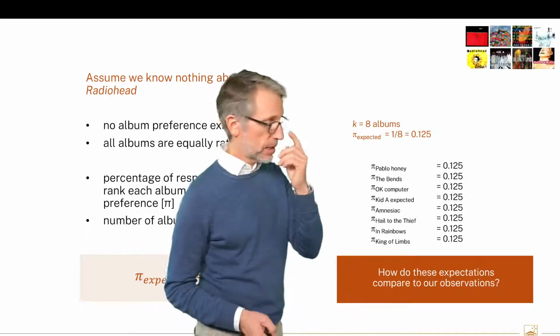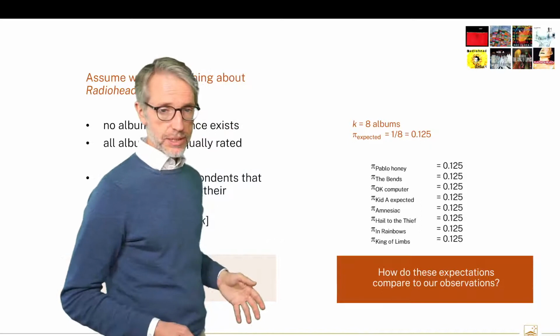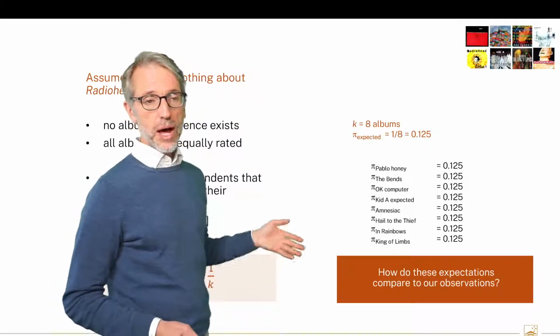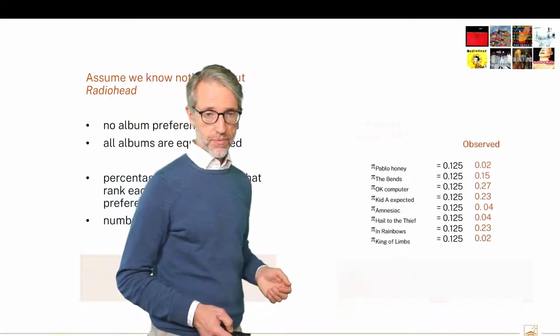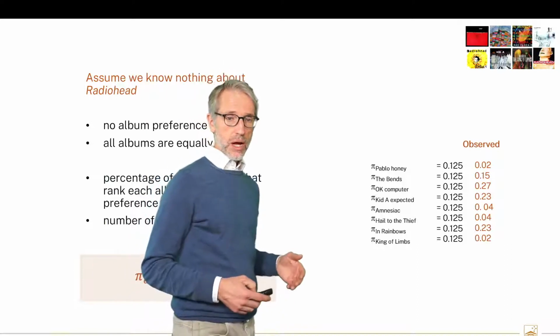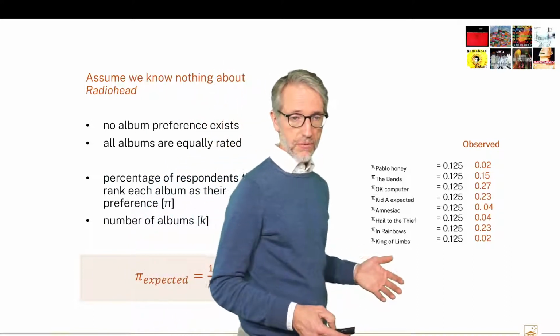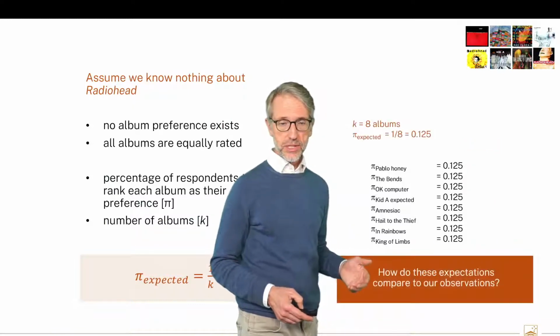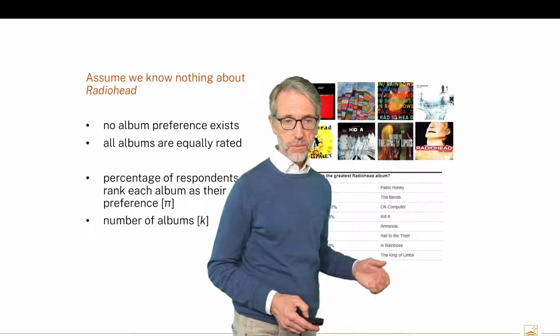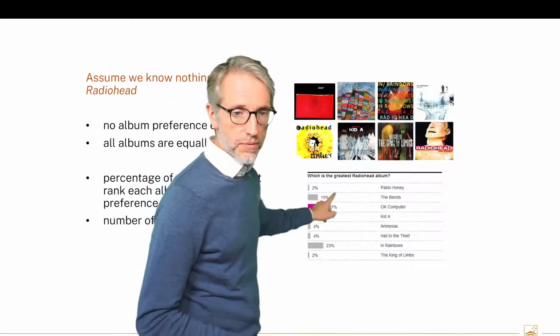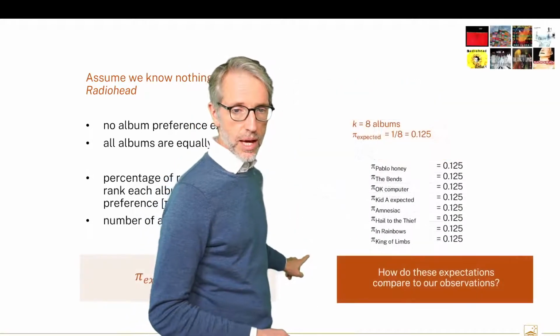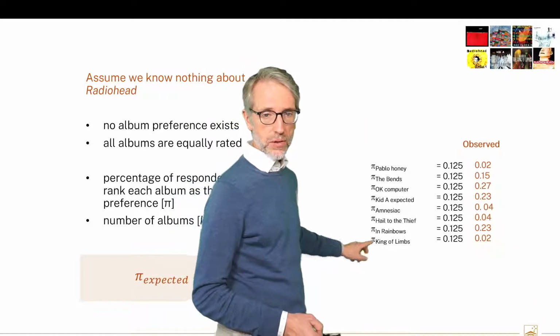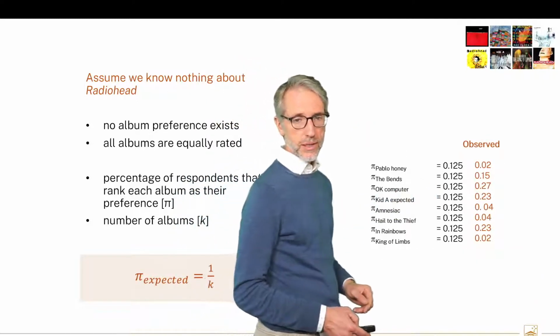Our next question then is how these expectations compare to our observations. Well, here are our observed frequencies based upon the Guardian dataset. So if we just go back to the Guardian dataset for a moment, you can see their observed frequencies here, and I've just inserted those into this table.